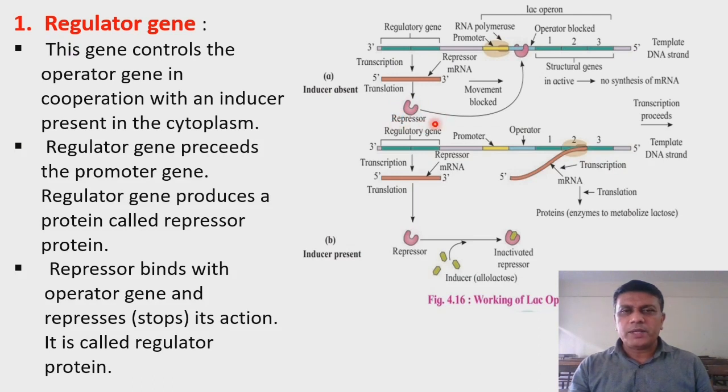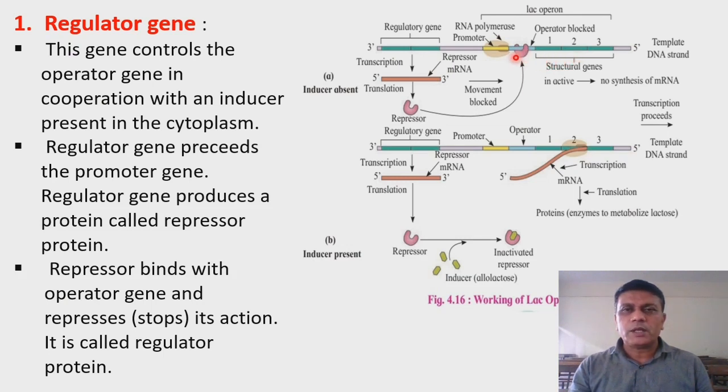repressor protein. So in absence of lactose in the surrounding medium, this repressor protein will bind to the operator region and switch off the operator, and the further process, that is transcription of these structural genes, will be stopped.